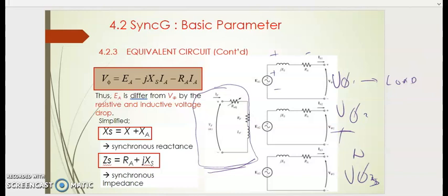It differs due to the XS and also due to the impedance. Z is our impedance, XS is our synchronous reactance. So this is our XS here. Synchronous reactance, the total sum when we add up, this is our RA.